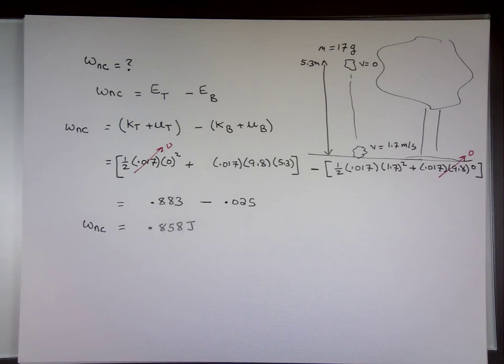We lost it. When you get to the bottom, that's all you have with you. And once it hits the ground and stops, there's nothing left. There's no potential and no kinetic. This is right before it hits the ground. Once it sits there, potential is 0, kinetic is 0. So all of it's gone.